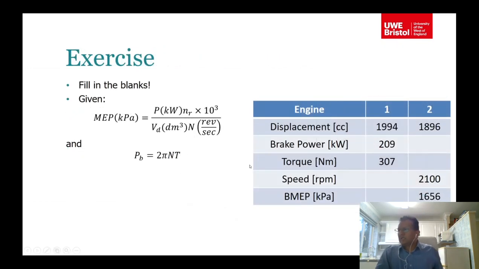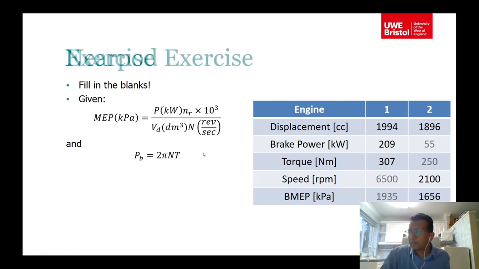So given that your displacement is 1994 and your brake power is 2009 and your torque is 307 Newton meters, that is in kilowatts, then you can calculate the speed and the BMEP and so on. So just use the PB equals 2 pi nT equation. Okay. Now pause the video and do the calculation and then look at the answers.